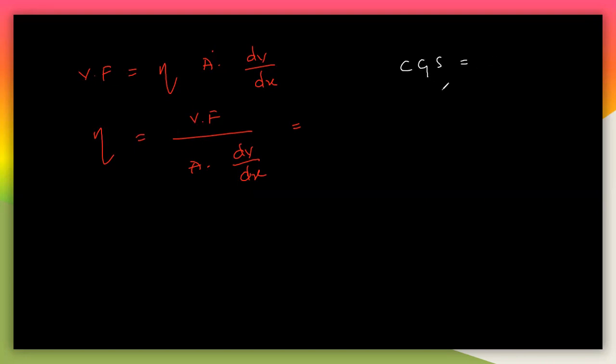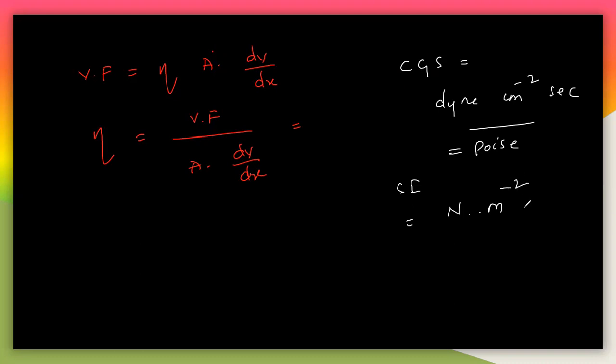This is called poise. In the SI system, instead of dyne we use Newton, and instead of centimeter we use meter, so it is Newton meter inverse square second. These are the units in the SI system for the coefficient of viscosity.